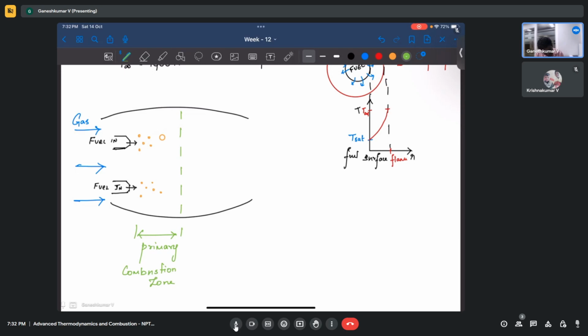While it goes to the secondary combustion zone, we still have this big droplet. But now it is going to have flame also with it. We are going to analyze that.